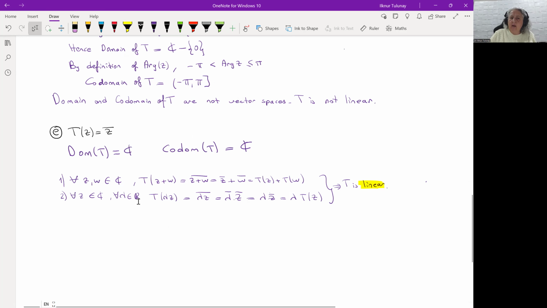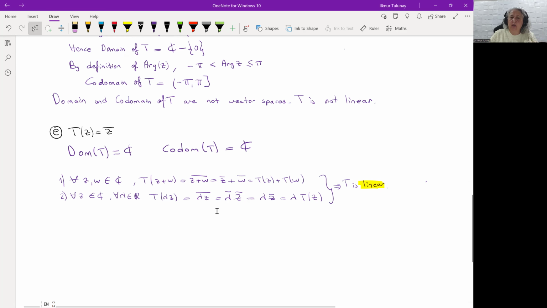For scalar multiplication, the complex conjugation of a scalar times a complex number, we can separate them. That is the complex conjugation of lambda and the complex conjugation of z, and the product of them. From here to here, we have this property. From here to here, lambda is a real number because we are thinking of the complex numbers as a real vector space.